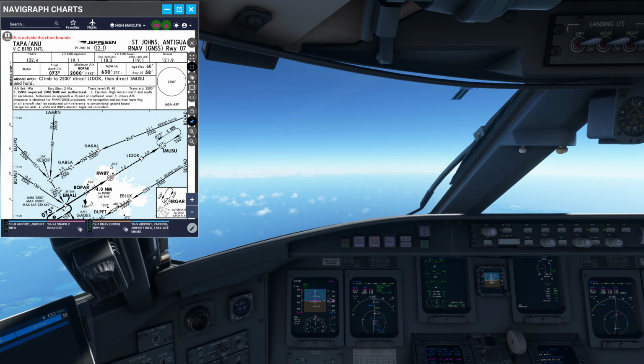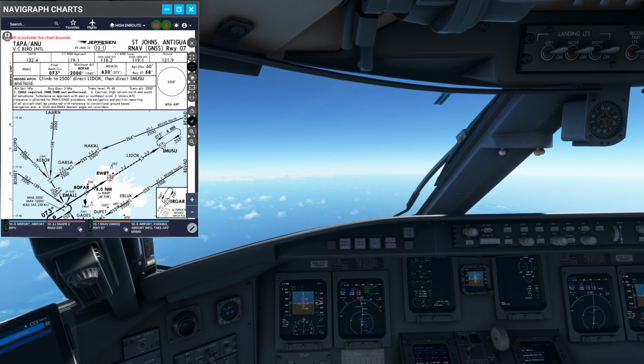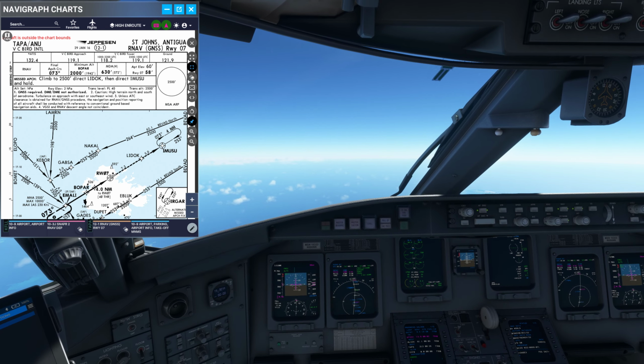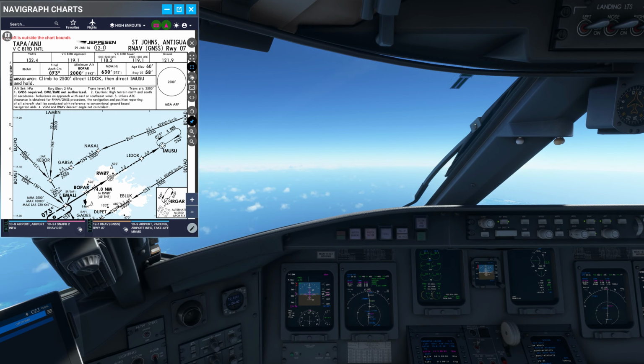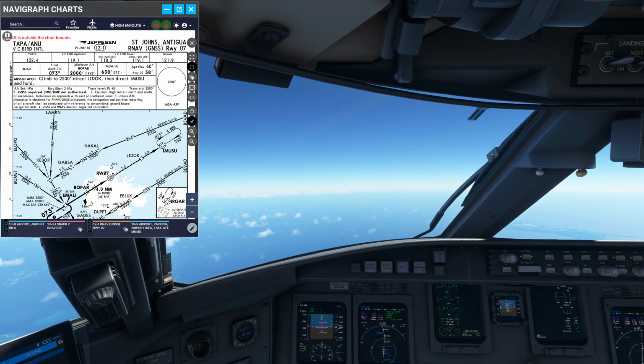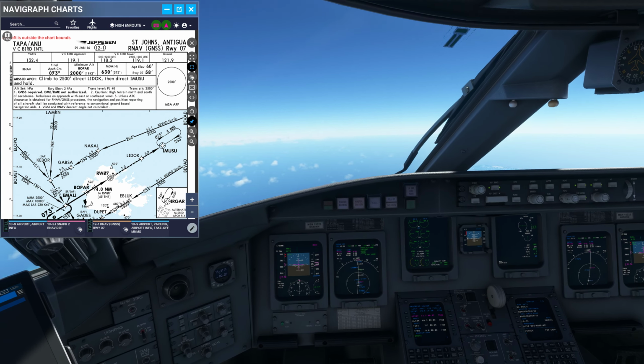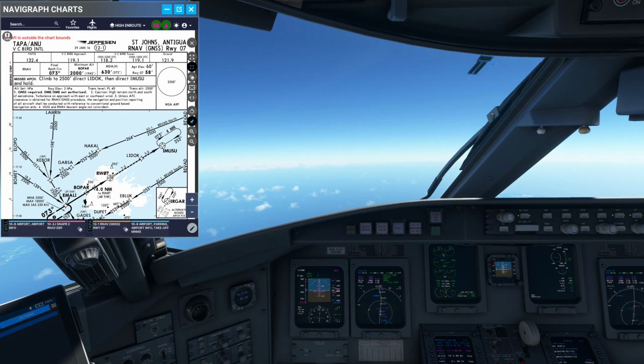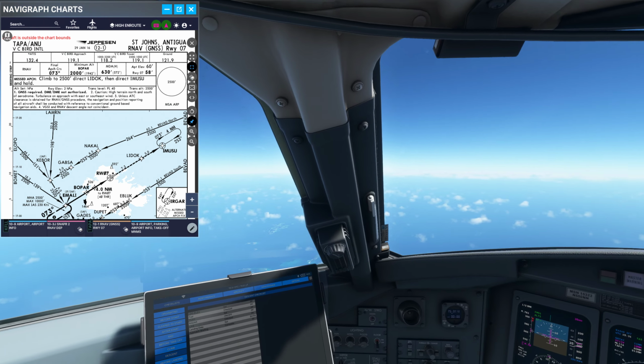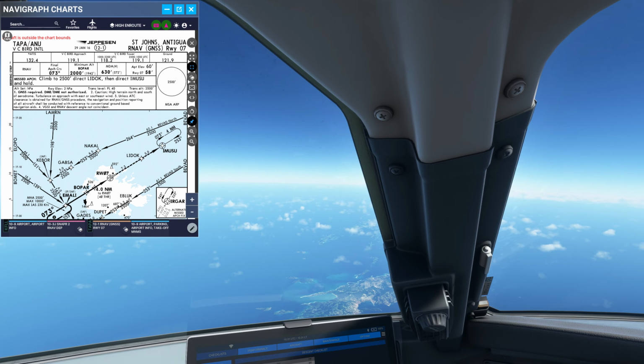So, temperature 25, dew point 22. I've made this point before, and I'll make it again. When you have a temperature dew point spread of 5 degrees Celsius or less, you can expect what the FAA calls restrictions to visibility.